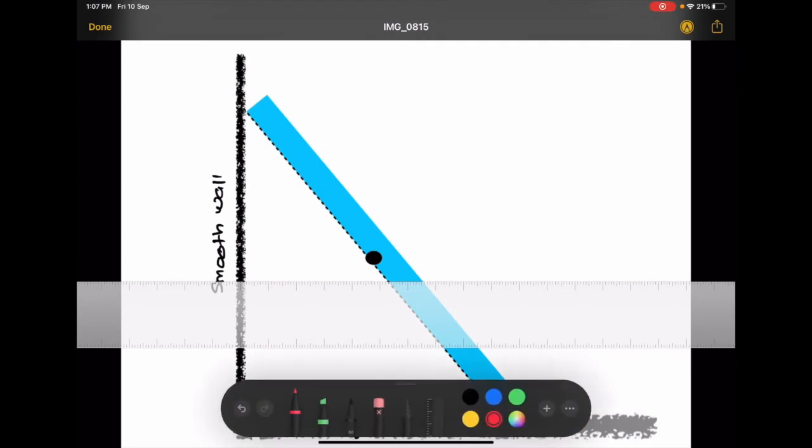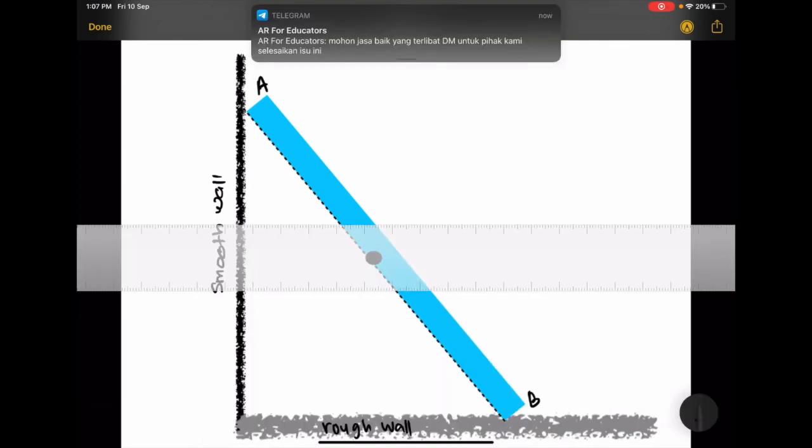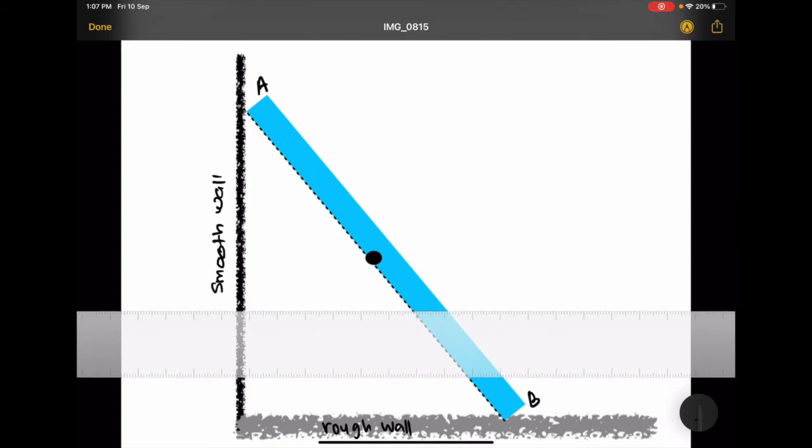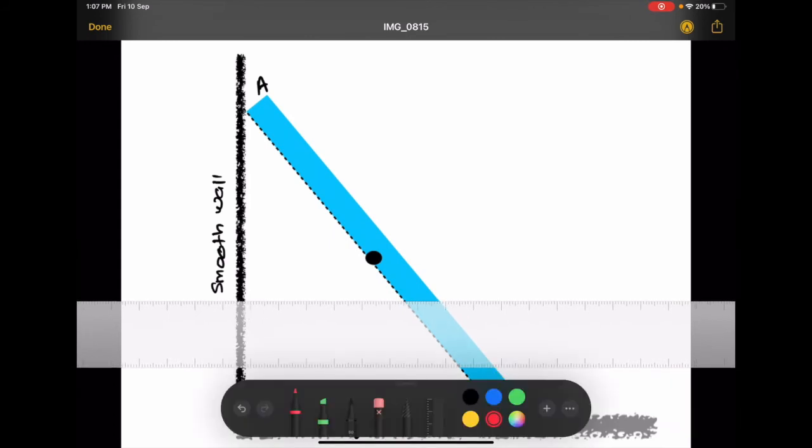Okay, for question B, again, draw the free body diagram for this ladder. The forces are the same as before, just the difference is the firefighter is at 7 meter up the ladder.